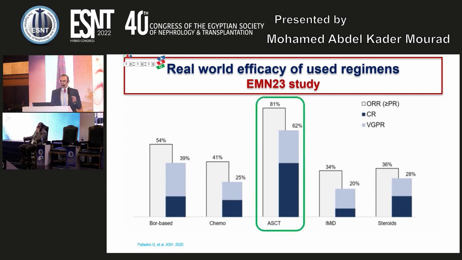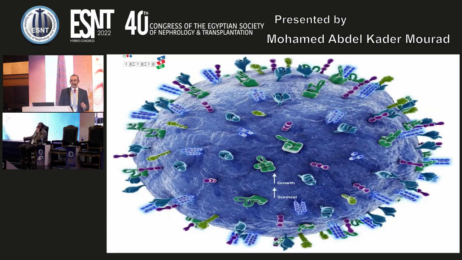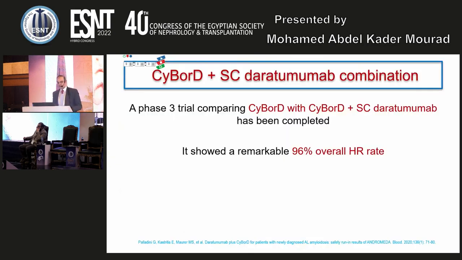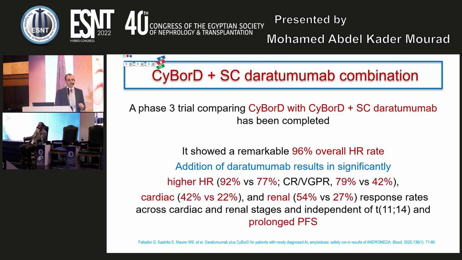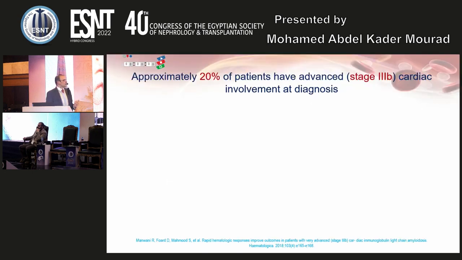But what about the real-world experience? As we see here, the autologous stem cell transplant overall response rate reached 81%, so it's a big winner. The second one is bortezomib-based, which reached about 54%. What about the usage of monoclonal antibodies, and the era of monoclonal antibody in treatment of those patients? In the phase 3 trial comparing CyBorD, cyclophosphamide, bortezomib, and dexamethasone, plus daratumumab, it was remarkable that 96% of those patients attained hematological response, renal response, and also cardiac response, and progression-free survival was prolonged.